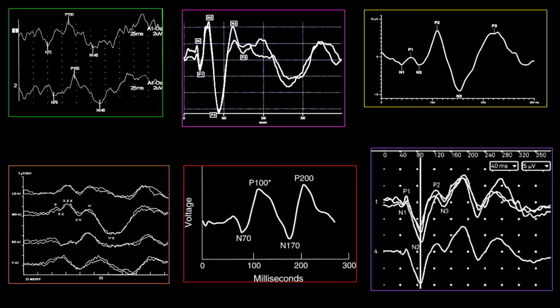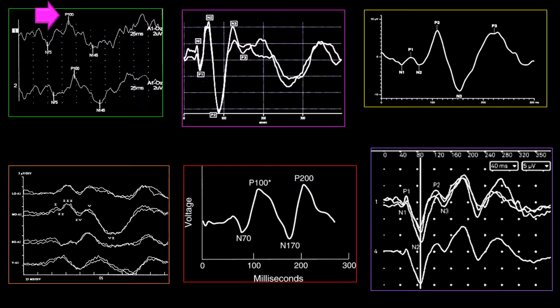This frame shows 6 flash VEP studies. I put them together so you can see how different they look from each other. Some of this variability is due to the stimulus method used to trigger the evoked potential, but others are just due to lab peculiarities. The labeling of peaks is also different in different labs.